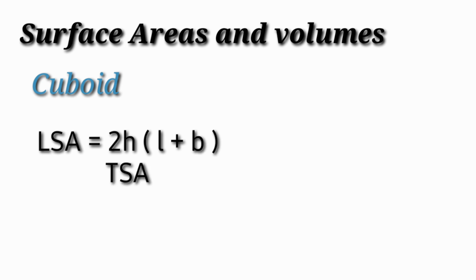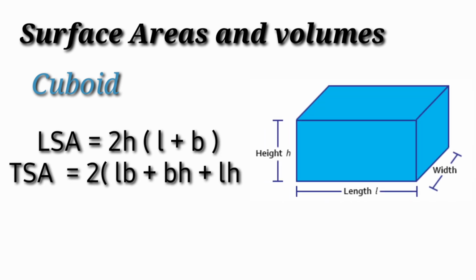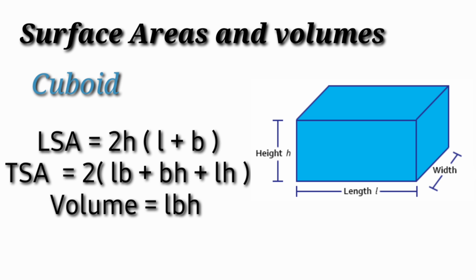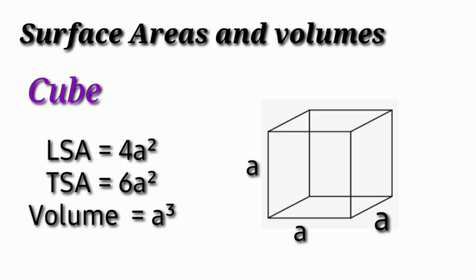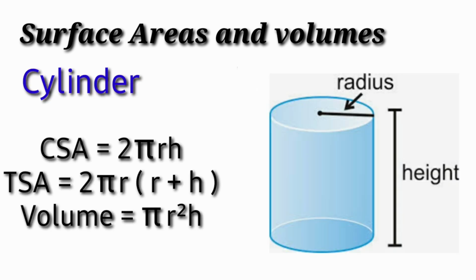Now, let's recall the formulae for finding surface areas and volumes of these solid shapes. See, children, you have to write all these formulae in your note. And you have to study all these formulae because you need all of them in the remaining part of this chapter.